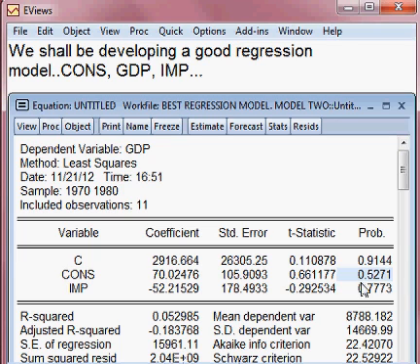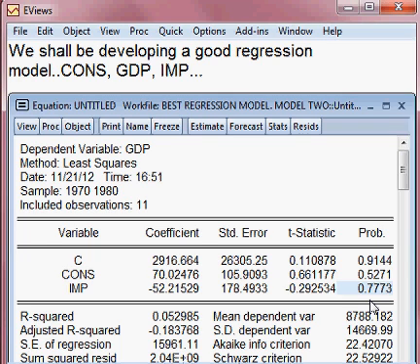And the same thing happens for import. Coefficient divided by standard error, we can get the t statistic, that is minus 0.292534, and the corresponding p value, how much? 77.73%.